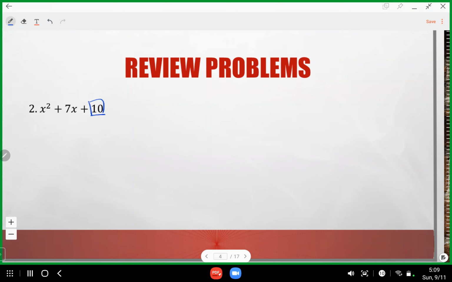So those two factors obviously are 5 and 2, right? So then it's just going to be x plus 2 times x plus 5. And if you want to check your work, multiply all of these to check your work, right? So number 3, all right, do number 3. I'll give you a couple minutes.